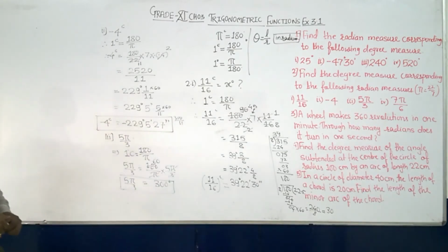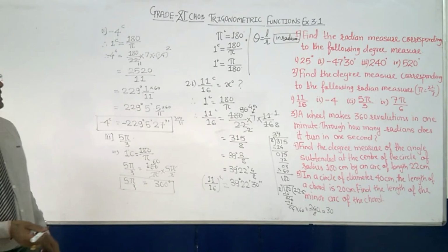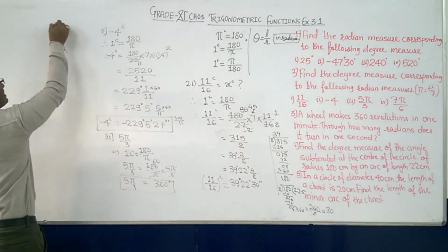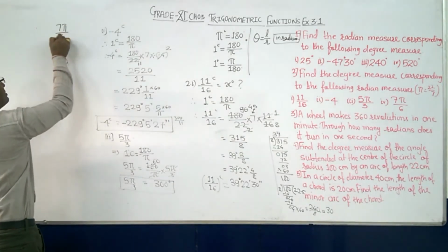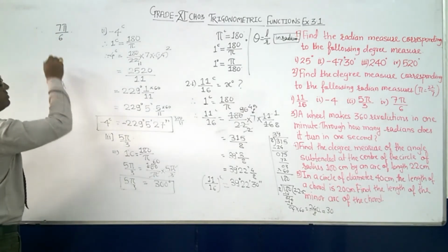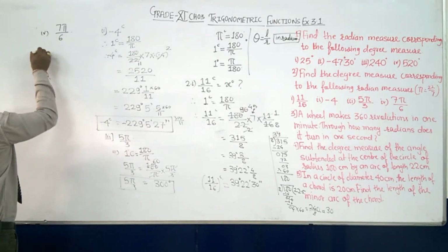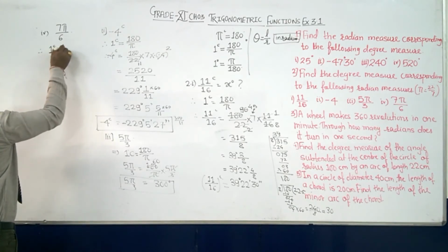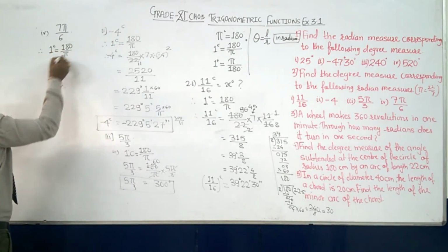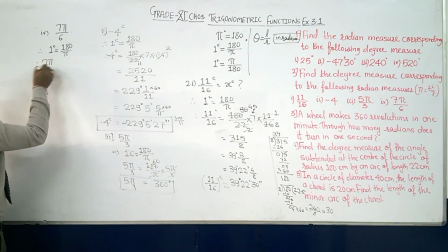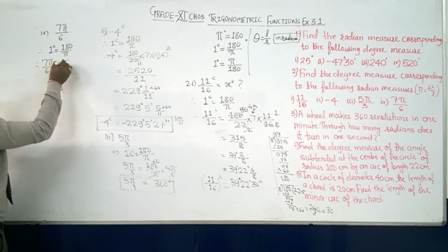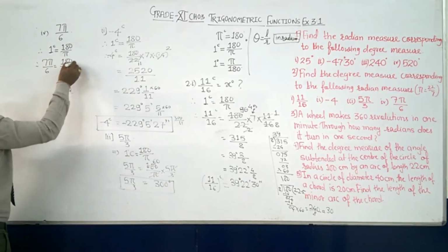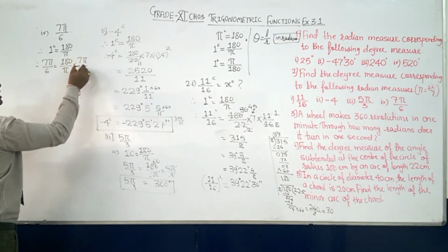So 5 pi upon 3 radians is equal to 300 degrees. Okay, now let's go on to the next one, that is 7 pi by 6. That is sum number 4. Again same thing, 1 radian is equal to 180 upon pi. Therefore 7 pi upon 6 is equal to 180 upon pi into 7 pi upon 6.